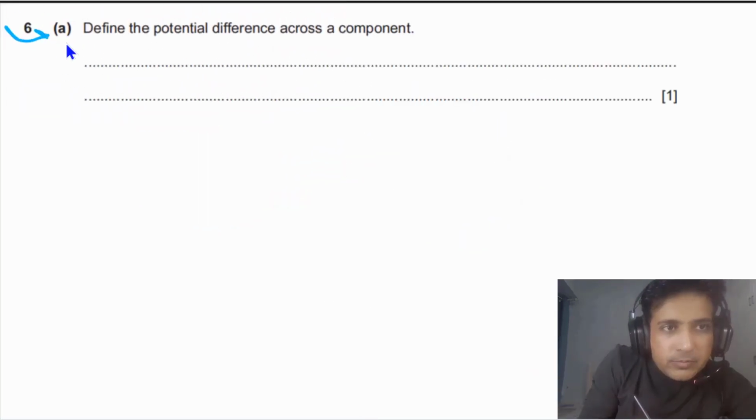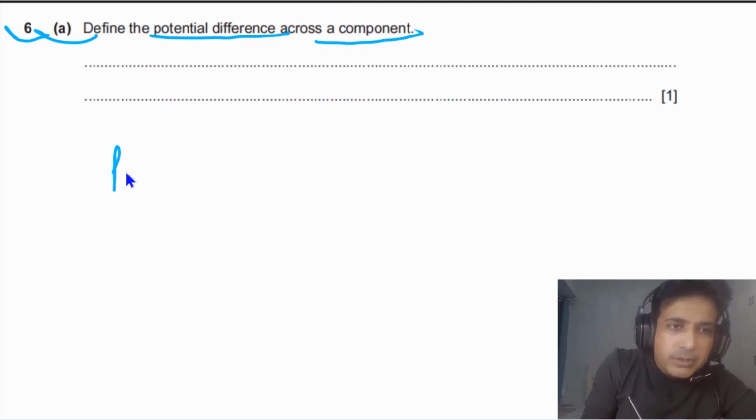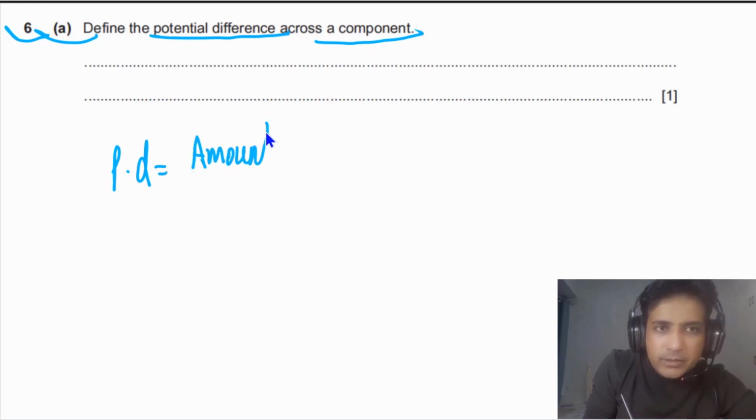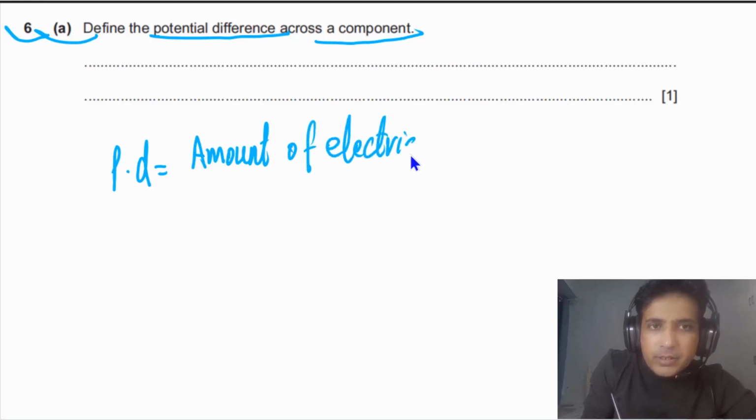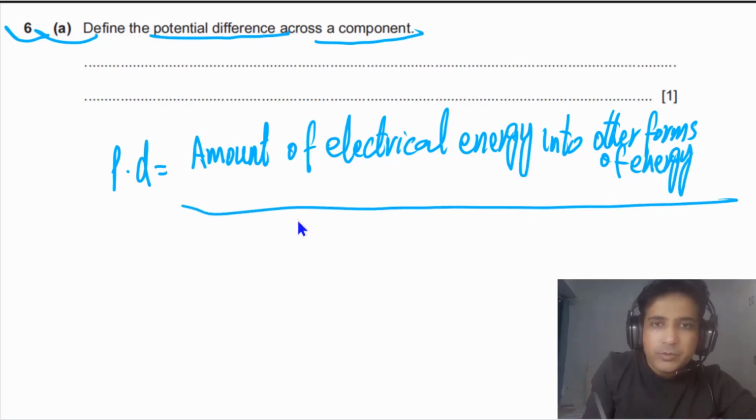For question number 6, part A, we need to define potential difference across a component. The PD across a component is simply equal to the amount of electrical energy converted into other forms of energy per unit charge.